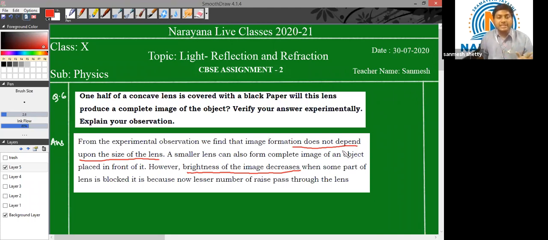Otherwise, in the size of the image, there is no change. The reason why the brightness decreases is that when some part of the lens is blocked, now the lesser number of rays pass through that lens. Due to that, the lens is capturing fewer rays, that's why the brightness is decreased.